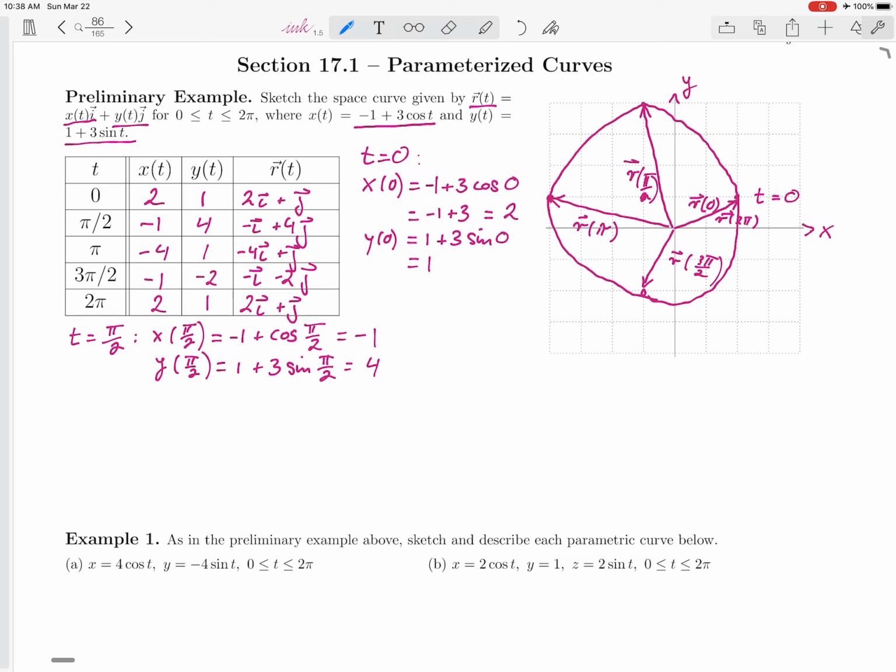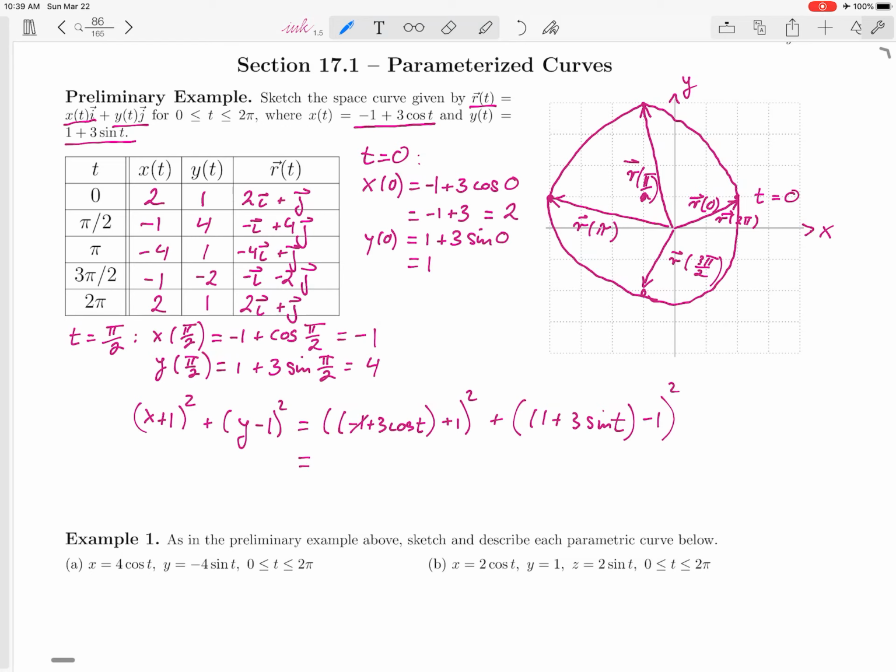Anyway, there's another way that we can convince ourselves that it's a circle. We can also look at x plus 1 squared plus y minus 1 squared. This is the circle that we think this is going to be. And if I plug in what x and y are equal to, so x is given as minus 1 plus 3 cosine t, and then plus 1, that whole thing squared, plus y is 1 plus 3 sine t, minus 1, that whole thing squared.